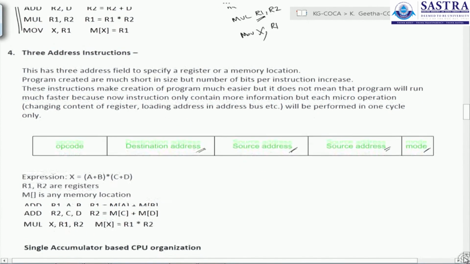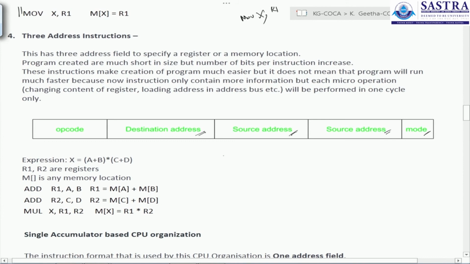Now if you see the same example, A plus B, then star C plus D. In each instruction itself we can specify 2 addresses for the operands and 1 address for the destination. I am going to refer A, B. These two are going to be added, add A comma B, and I can also mention one more address where the result is supposed to be stored, in the same instruction itself.